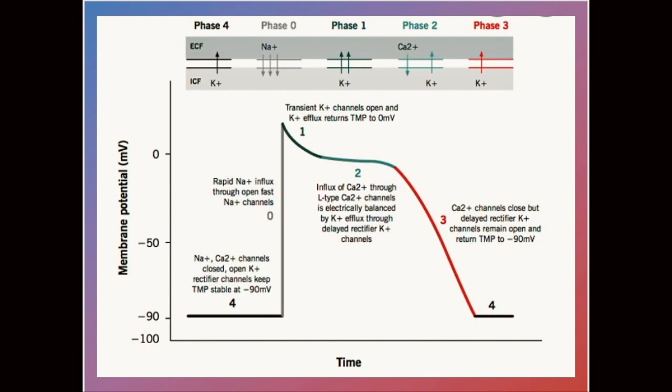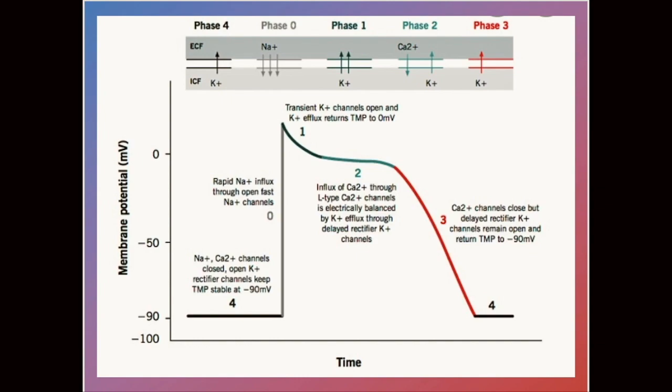So what happens in the ventricular action potential is that in phase 0, the voltage gated sodium channels open. What happens in phase 1? Now in phase 1, there is initial repolarization and inactivation of the voltage gated sodium channels. Also, voltage gated potassium channels begin to open.